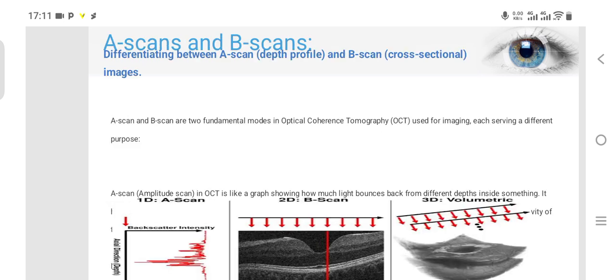So you can look at it: A scan is 1D, B scan is 2D, and volumetric is 3D.